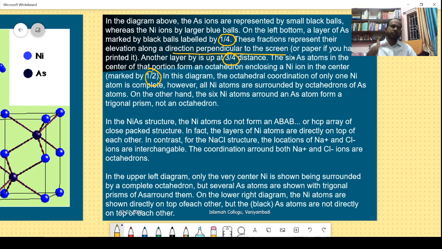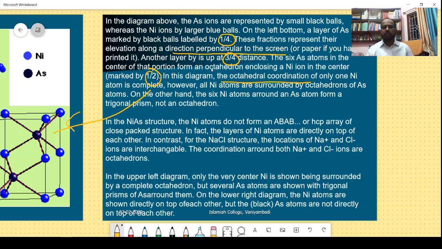Perpendicular to the screen, if you have it just parallel to the screen, it is 0. Just above that you can have 1/4. Above that you have 1/2, and above that you can have 3/4. So he is trying to explain in terms of the elevation from the paper, and again you can just write that it comes to about octahedral. If you have the arrangement for the octahedral arrangement, then the elevation of the atoms takes up this.